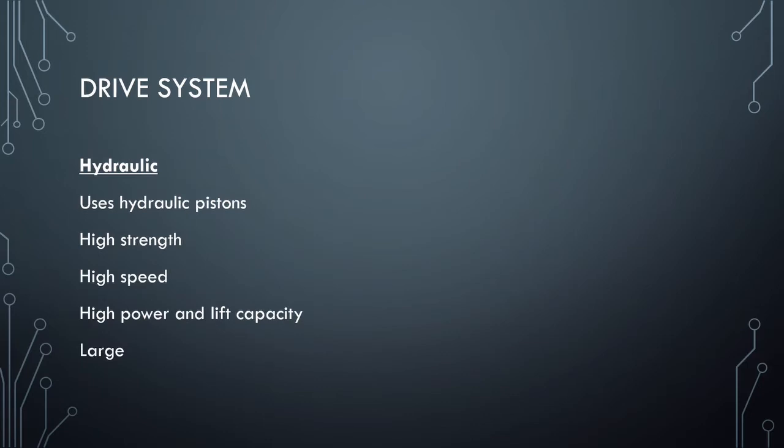So whenever we refer to a hydraulic system, hydraulic means that it involves a fluid of some type. So a fluid is involved, and this typically gives us a little bit more power transfer than a pneumatic air-powered system would. So that gives us a higher strength of the system.